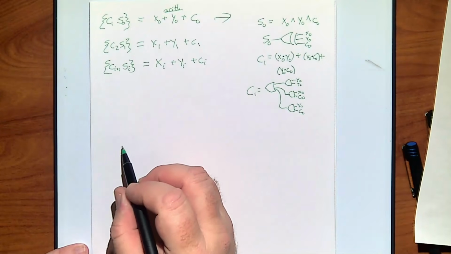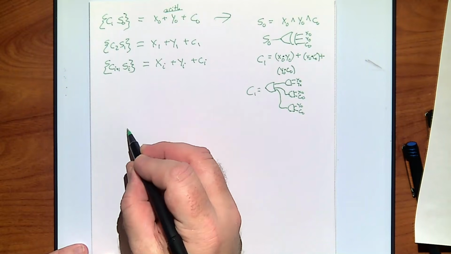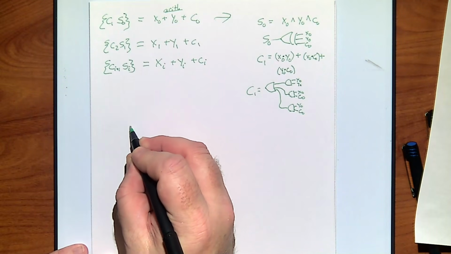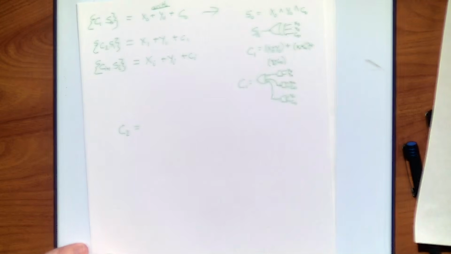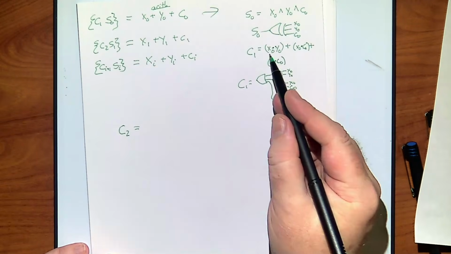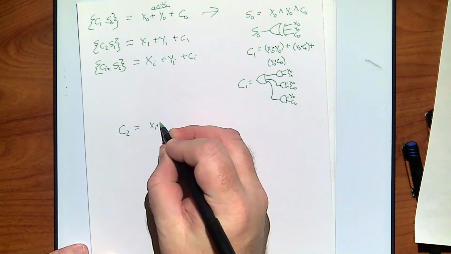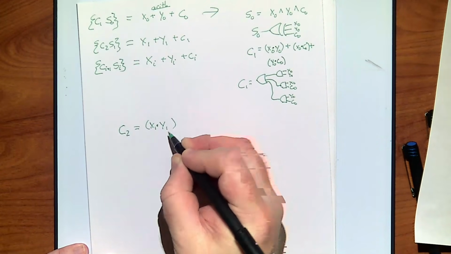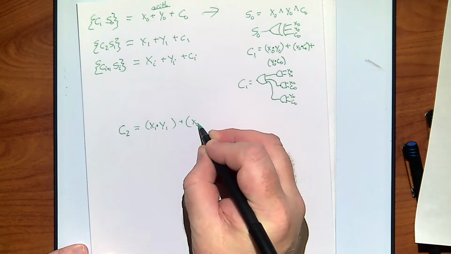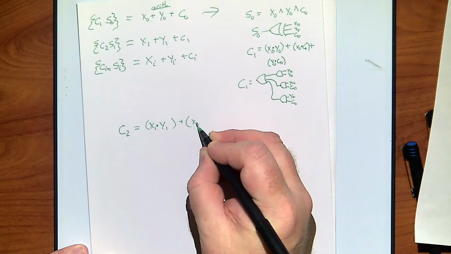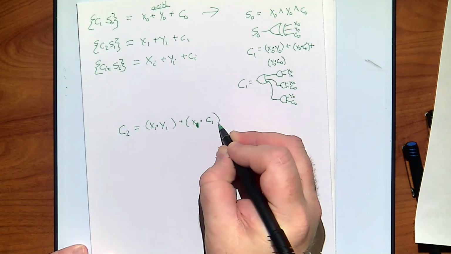Let's take a look at just C2, and I think we'll be able to see how this works. How do I get just carry 2? Well, one thing I could do is take this and increment all of the variables. X1, and C1.